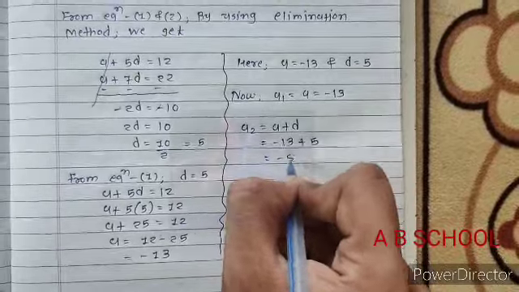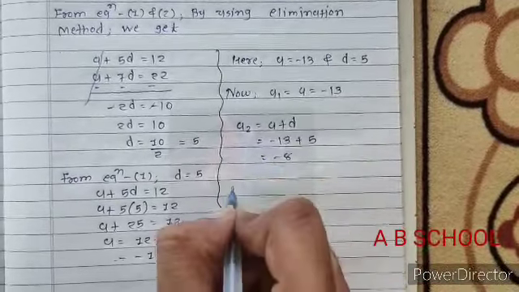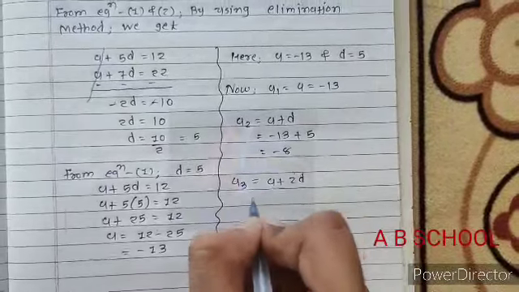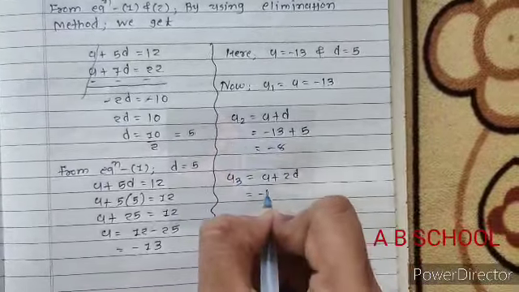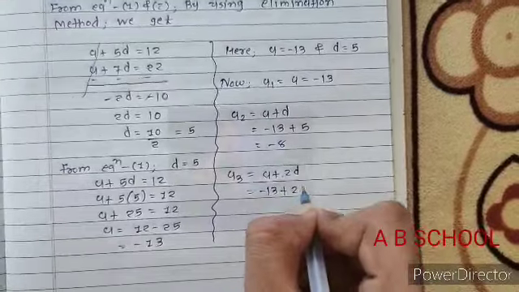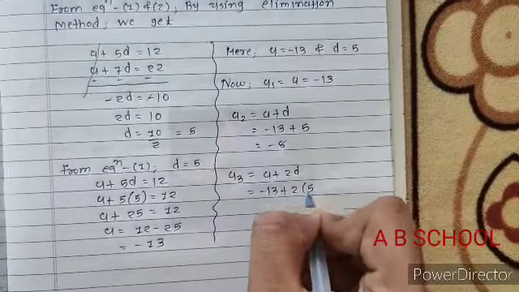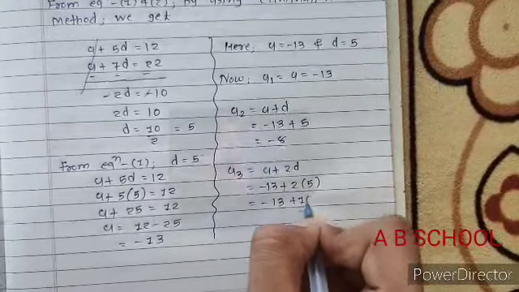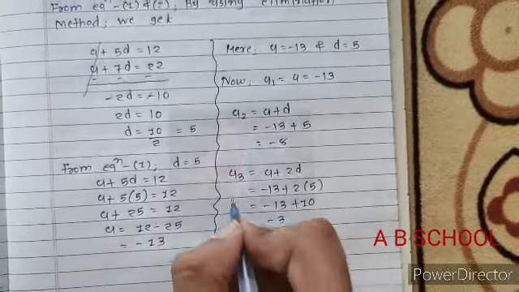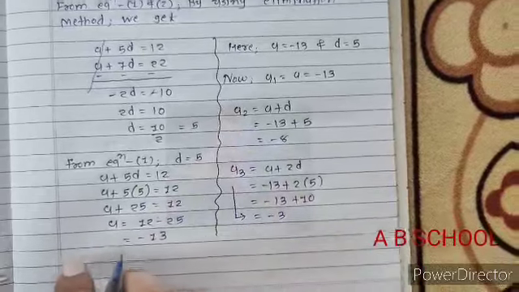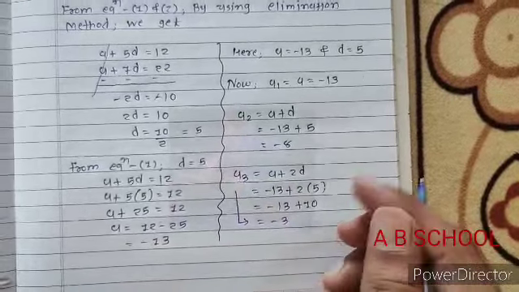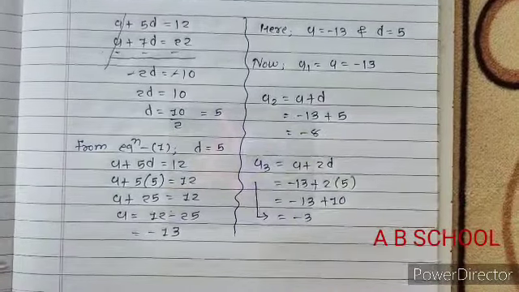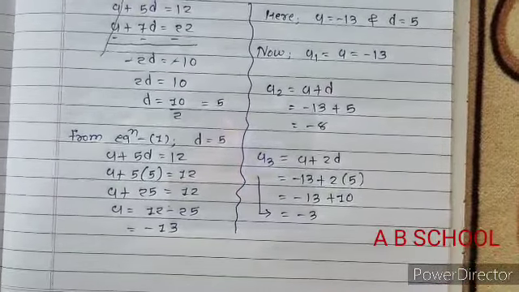So A2 is equal to minus 8. For A3, it is A plus 2D, the value of A minus 13 plus 2 times the common difference D, which is 5. Minus 13 plus 10 is equal to minus 3. Okay, so A1 is equal to minus 13, A2 is equal to minus 8, and A3 is equal to minus 3.